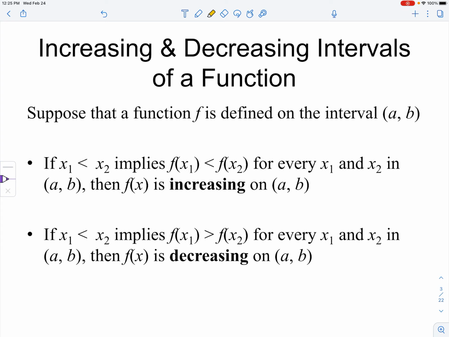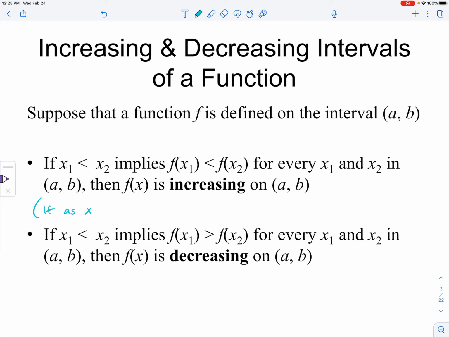Another way to think of it is, remember, we read graphs from left to right, just like a book. So if on that open interval, as x is getting larger, y is also getting larger, then that means that the function is increasing on that interval. And I'll write that down.